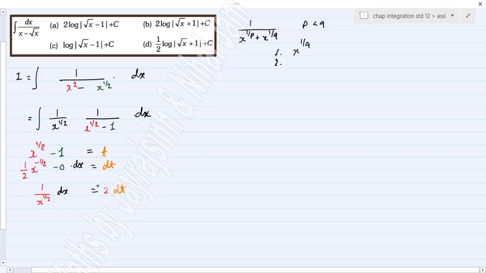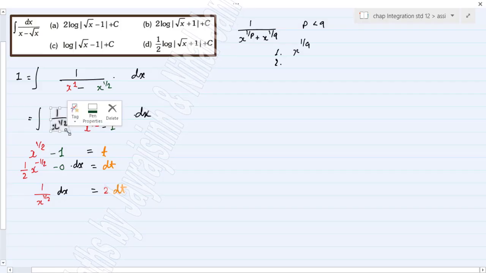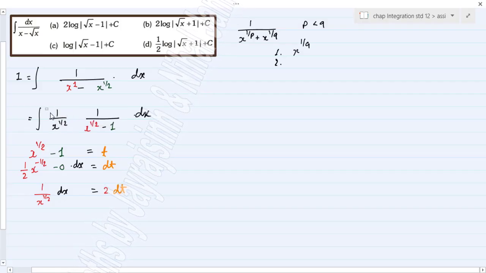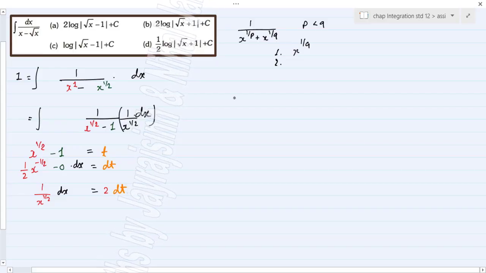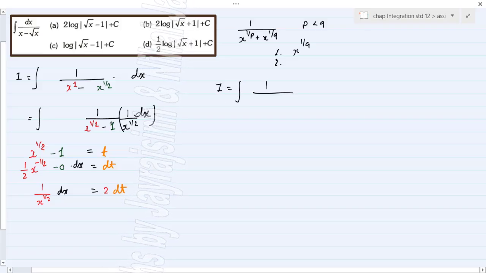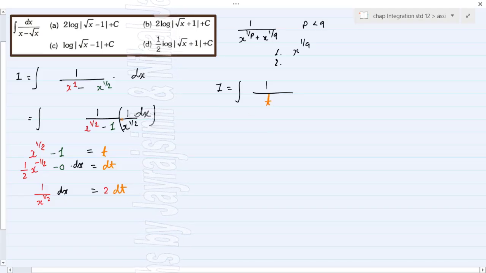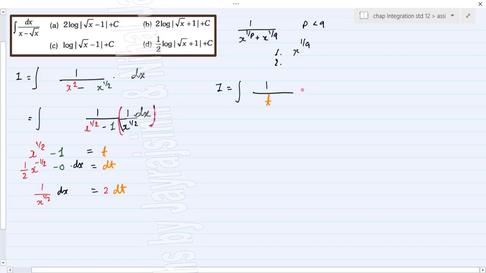Okay? So if we rearrange the term, or we can say let's write down this 1 upon x raised to 1 by 2 with dx, we can easily modify our integration as 1 upon this x raised to 1 by 2 minus 1 is simply your t, and this 1 upon x raised to 1 by 2 dot dx is simply 2 dot dt.